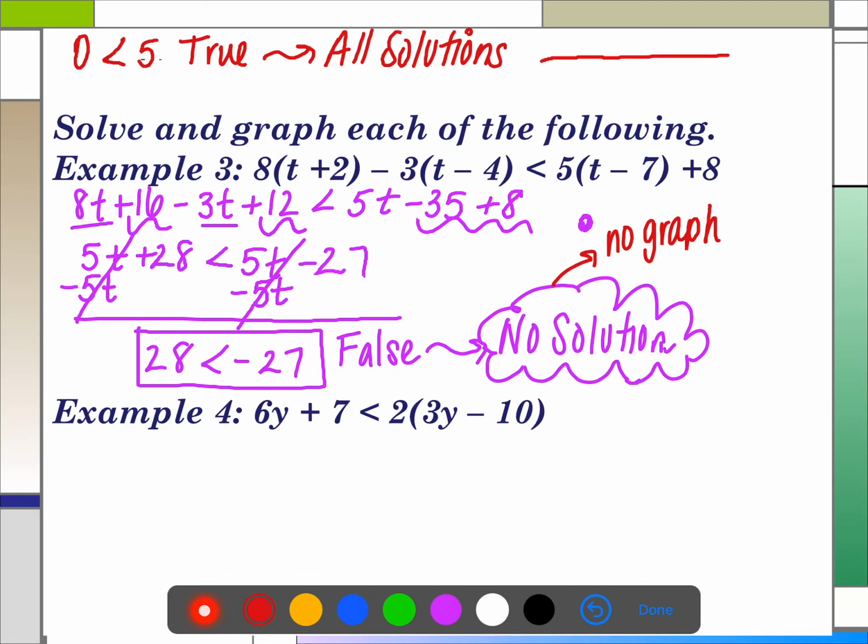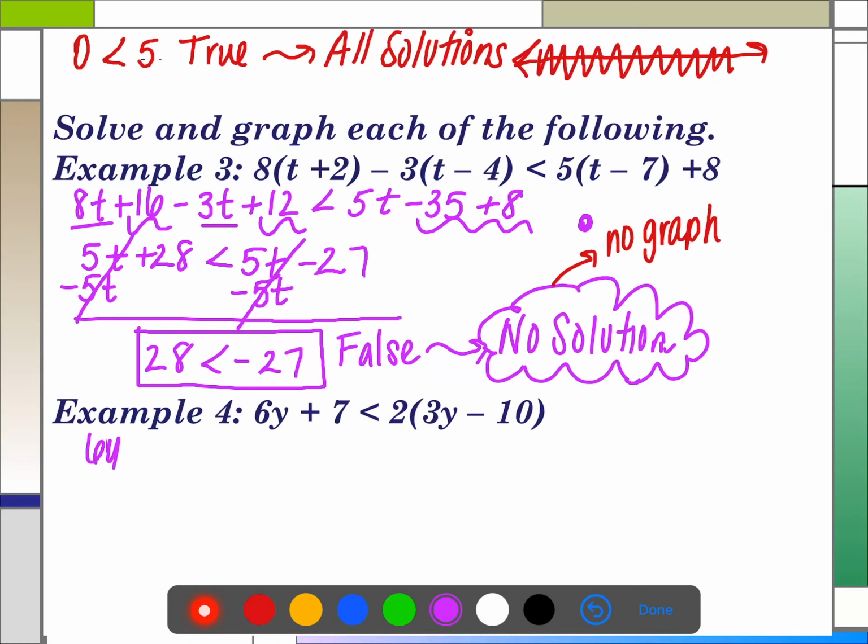So if you have all solutions, when you have the graph, you want to shade the entire number line. You don't have to put any numbers on it, but you want to shade the entire thing to show that it's all solutions, even if we put arrows here on the end. All right, so that's just a little side note there.